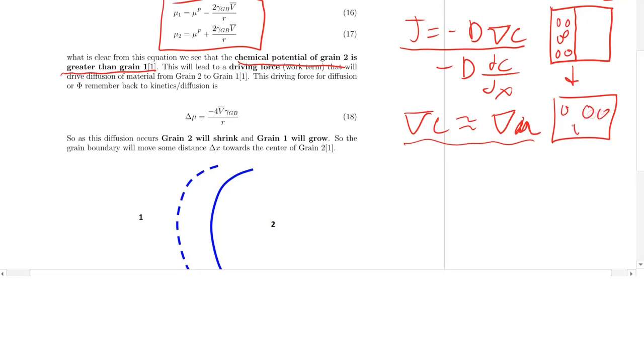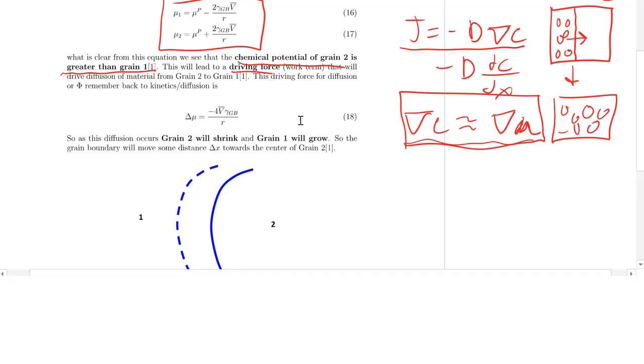We're going to evenly distribute. There's going to be a flux of atoms going this way. So if C and chemical potential are very closely linked, there's going to be some driving force that drives diffusion in this scenario.